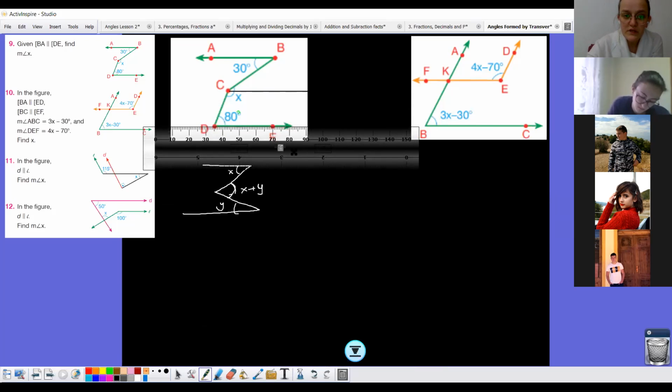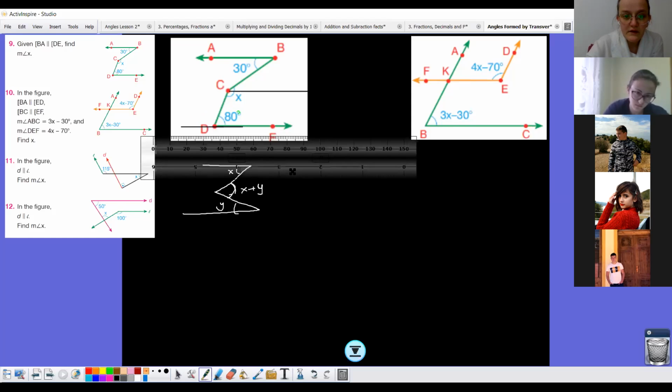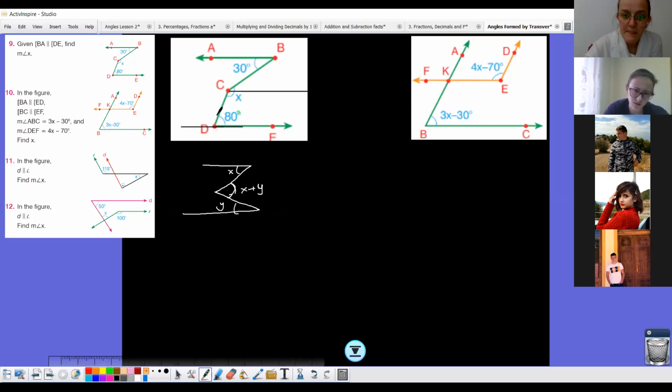If I continue this line DE to another direction, like this, what will be the angle here? 180 minus 80, which is 100.